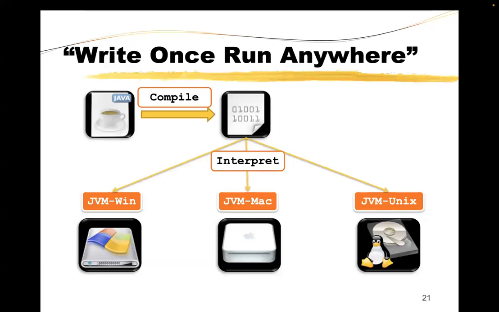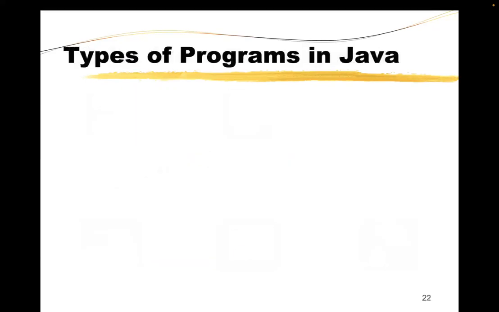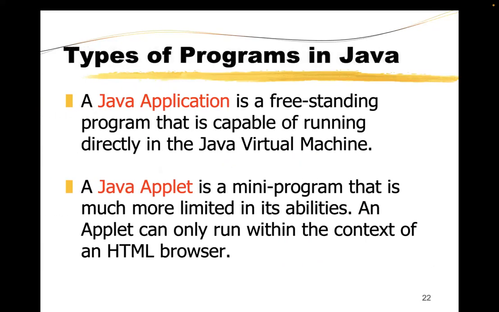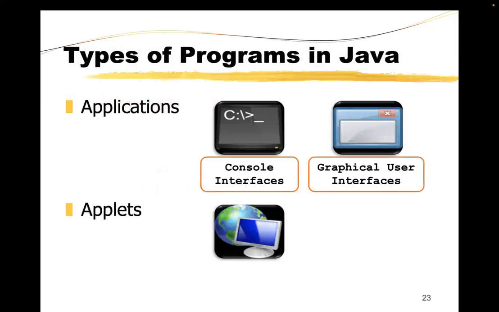Right now, it doesn't matter which JVM or platform. If you have Java installed, you can run the class file. You can feed your class file into any JVM. Here we're going to talk about console interfaces and graphical user interfaces as well. So far we were doing console applications.